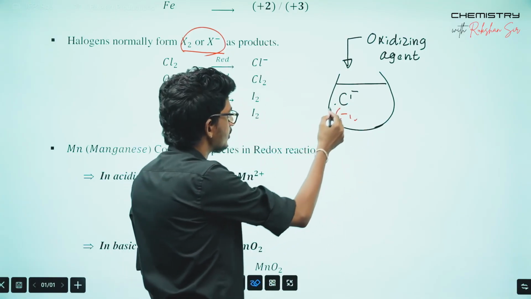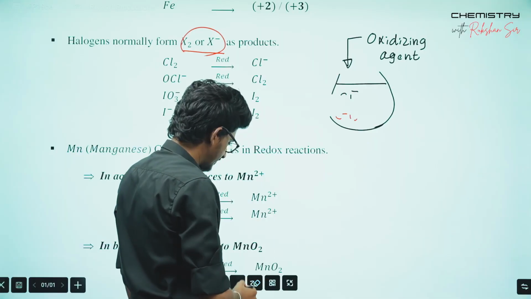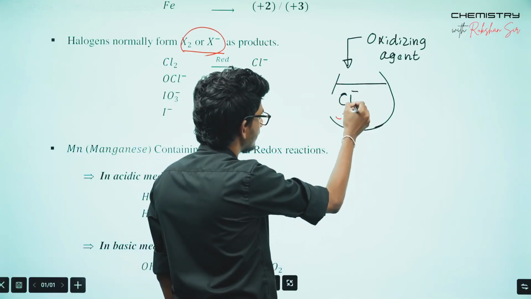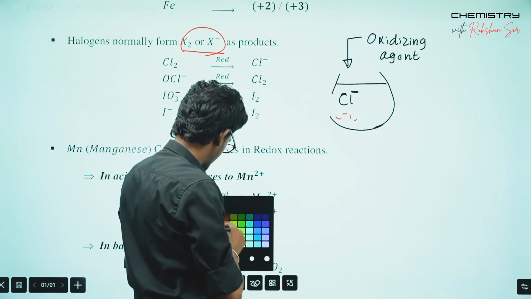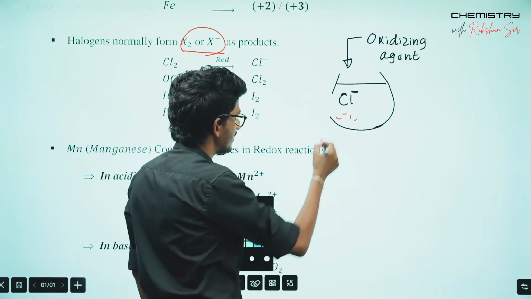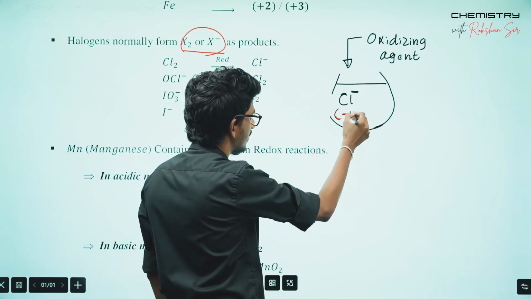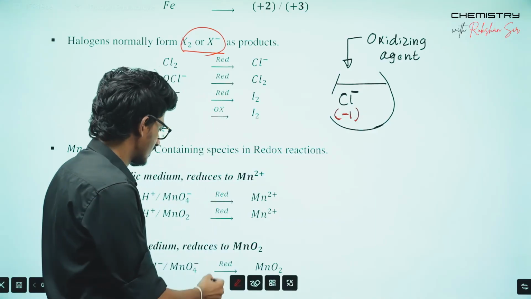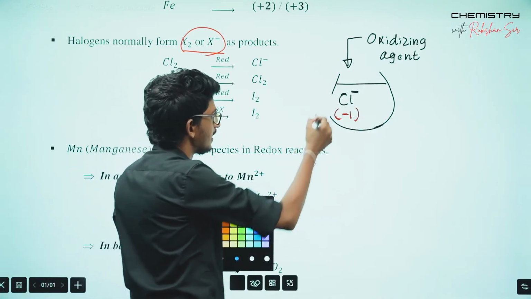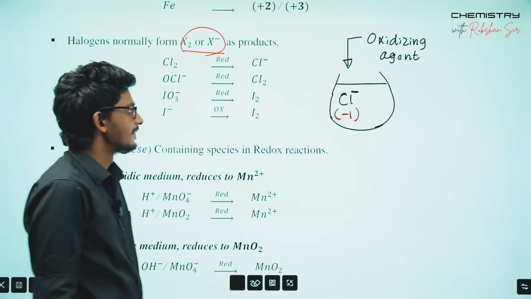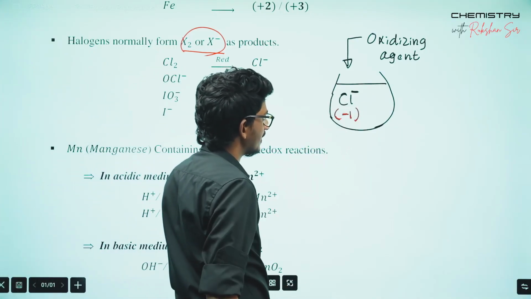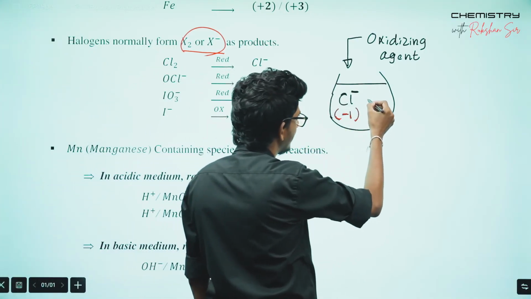The halogen can come up with some higher oxidation state here, as you have added an oxidizing agent. So this rule says the Cl minus will oxidize, but to where?